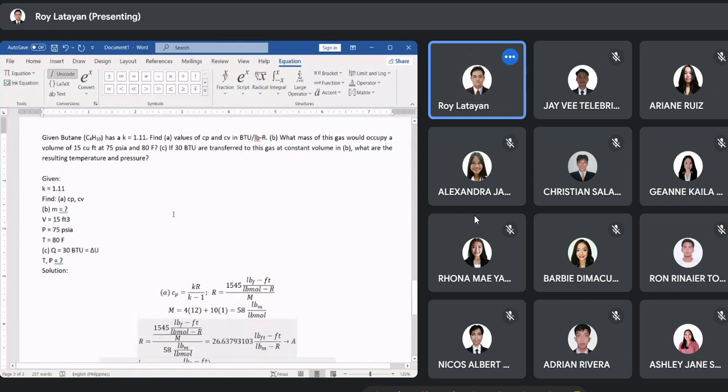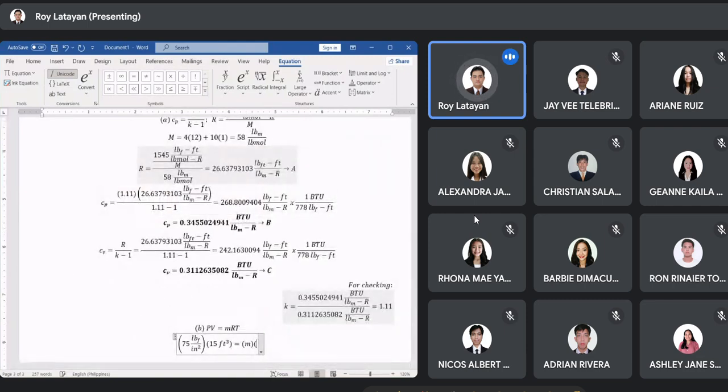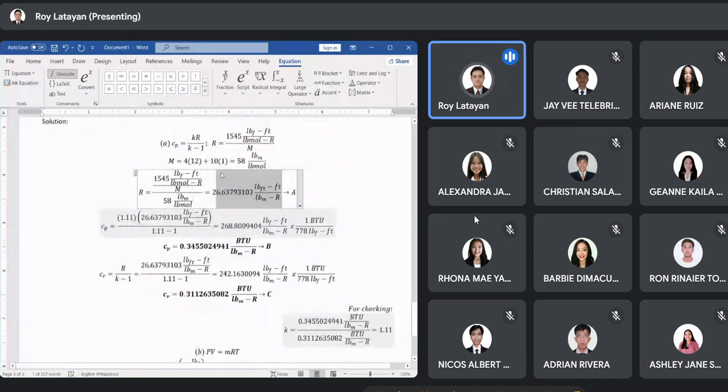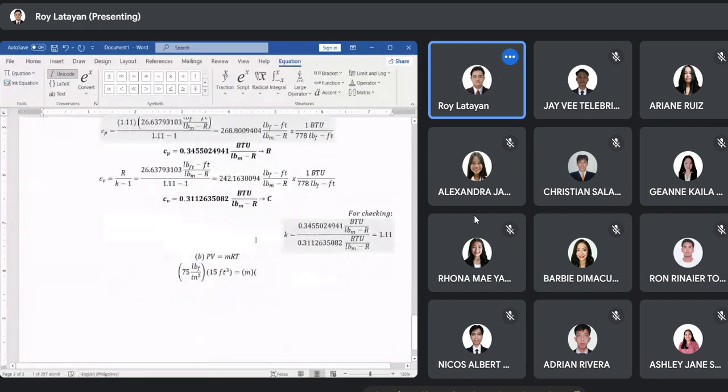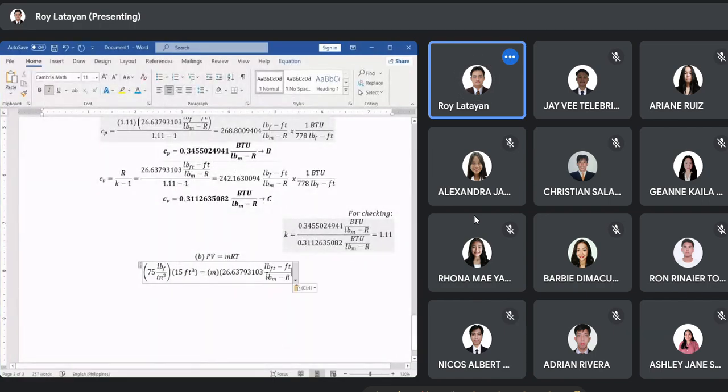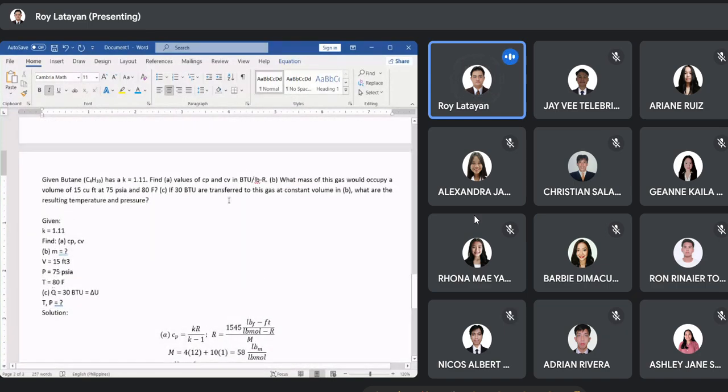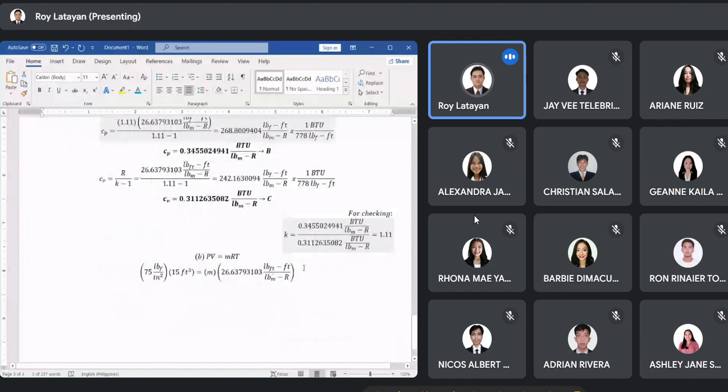Mass is what's being asked. Then given our R, we obtain this R. Then we're given a temperature of 80 Fahrenheit. So 80 Fahrenheit, plus 460, converting to Rankine.